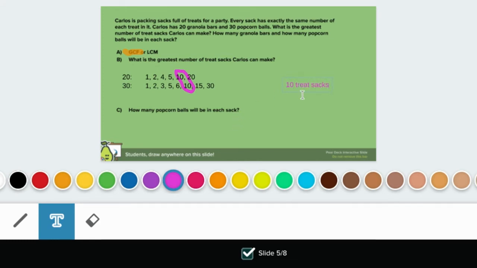And if I make 10 treat sacks, I'm going to divide 30 popcorn balls into 10 treat sacks, there will be 3 popcorn balls in each sack.